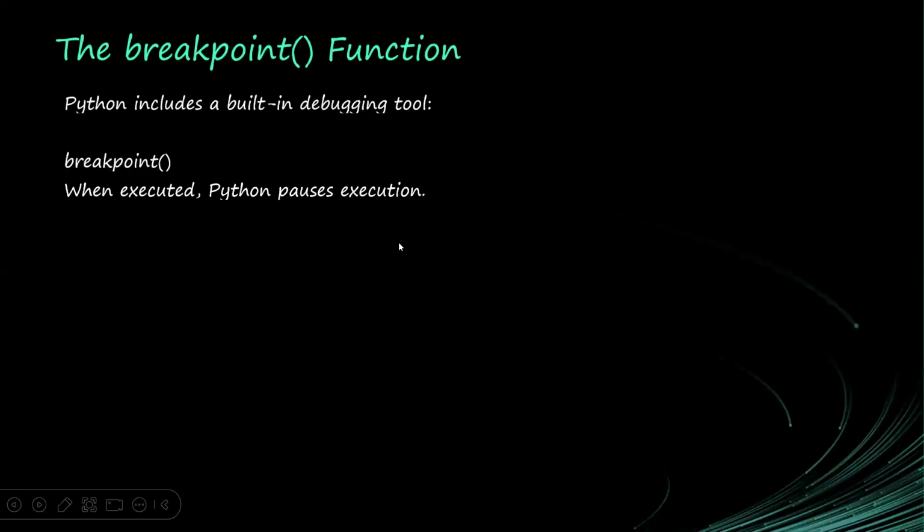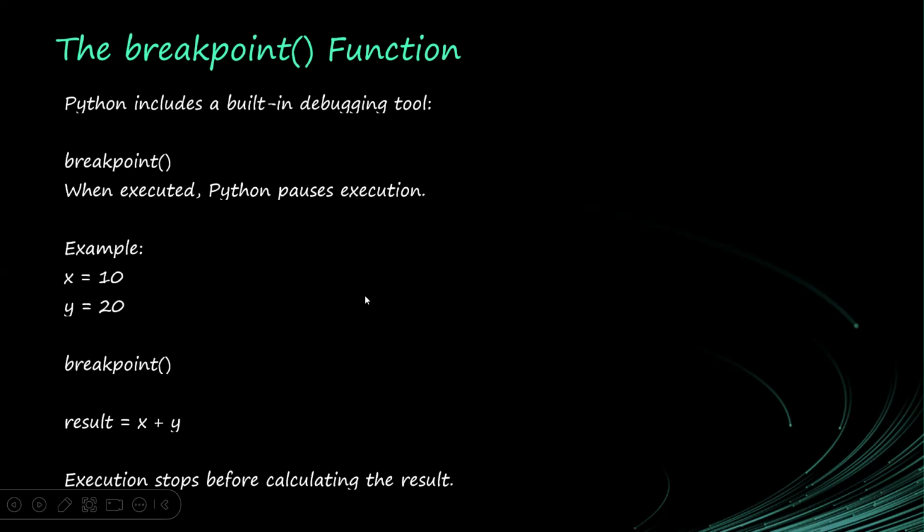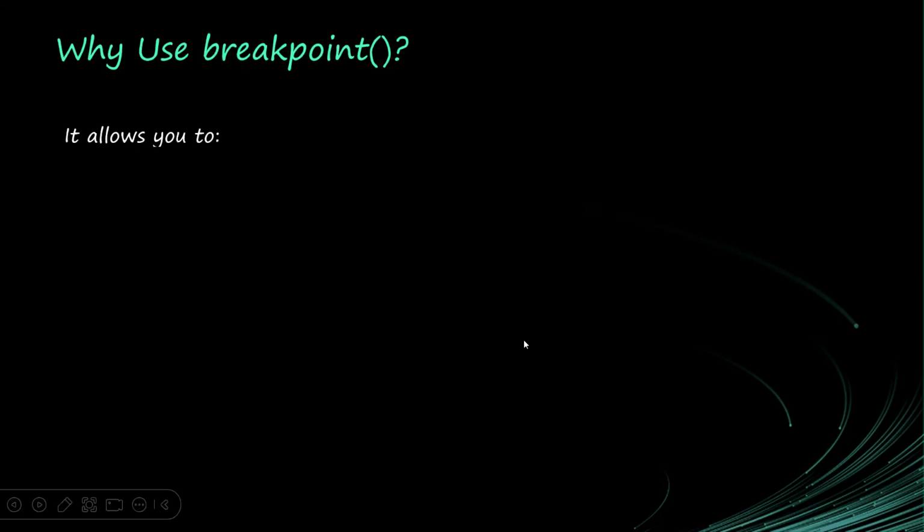So when executed, Python will pause the execution at that particular line of code, all right? And then you can now look at your variables. You can look at the variables that you have. So execution stops before calculating the result in this case where we have the breakpoint. It will stop. The execution will not get to the result. So it will stop here. And then it allows you to inspect variables, just like you saw with me inspecting the length and the width.